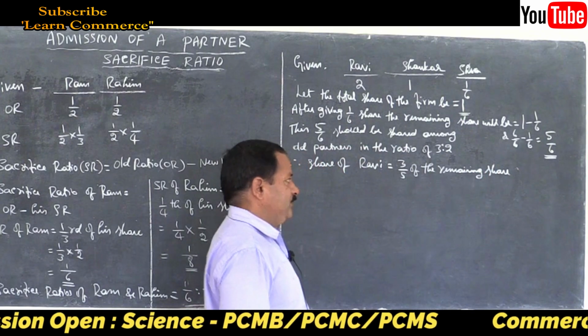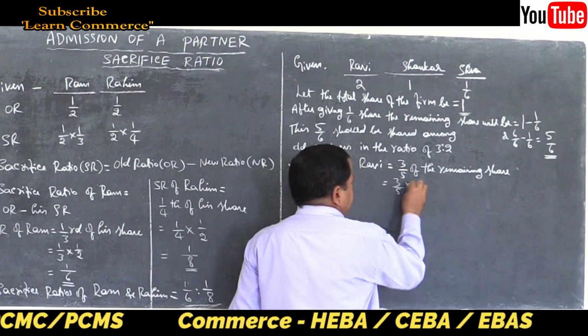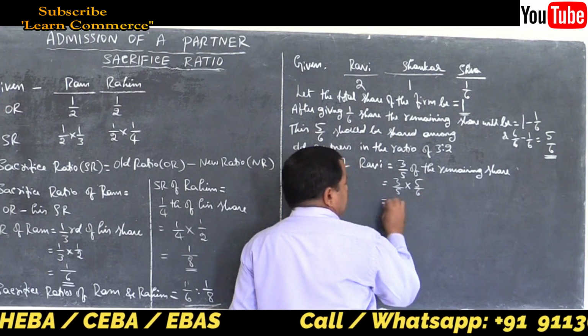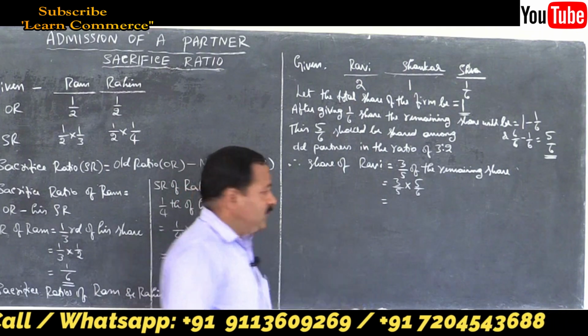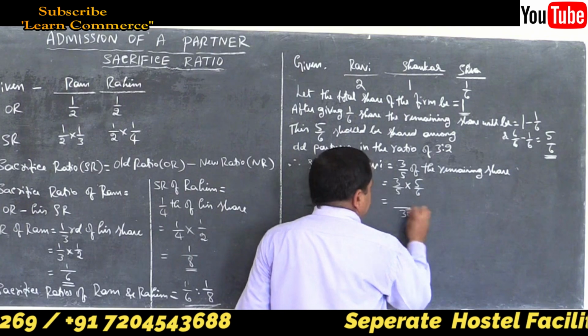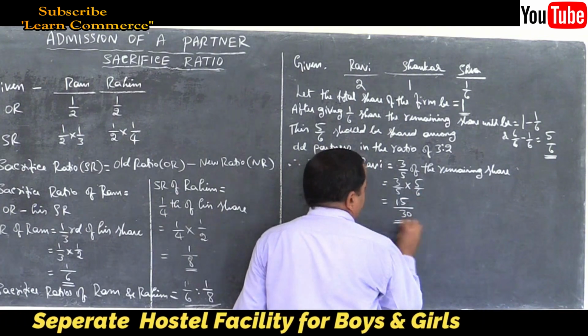Remaining share is equal to 3/5 into remaining share 5/6. It is straight multiplication, this is not fraction addition, so no common denominator. 5 6s are 30 and 3 5s are 15. 15 by 30.